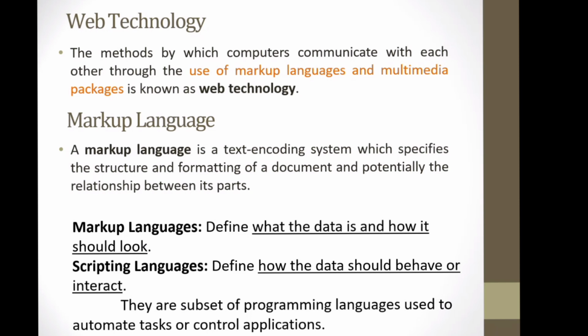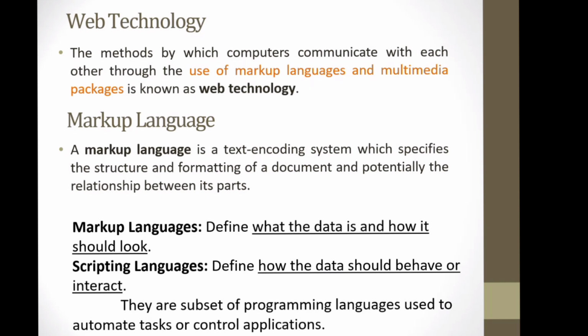So see, this is automation, right? And there is exchange of information between the different components. So it is designed by the scripting language. Scripting language decides how data will behave, how data will communicate with each other. The behavior of data is decided by the scripting language.